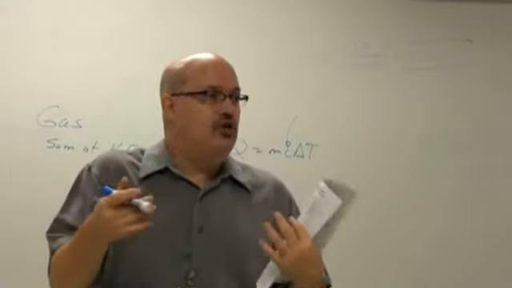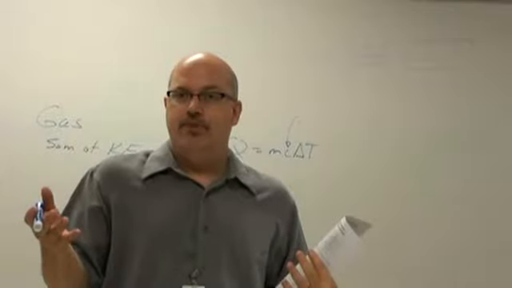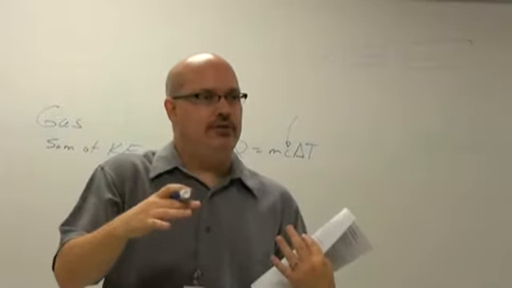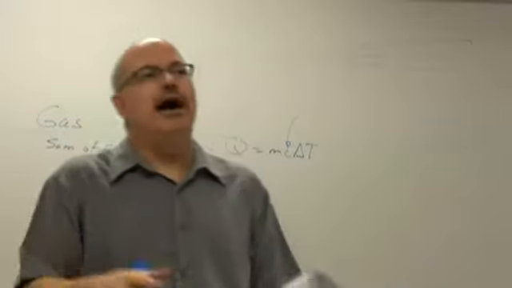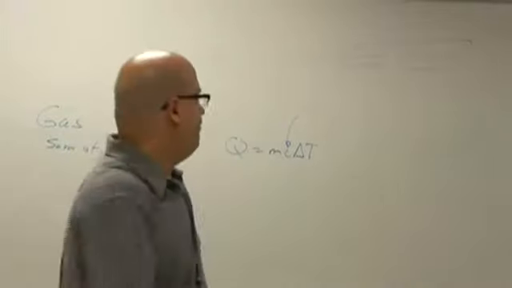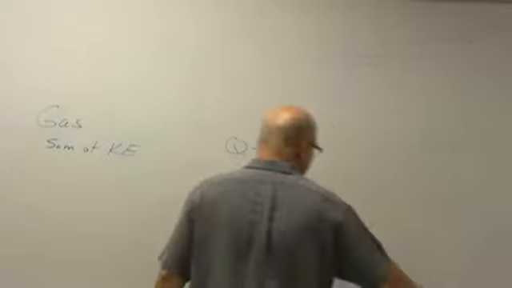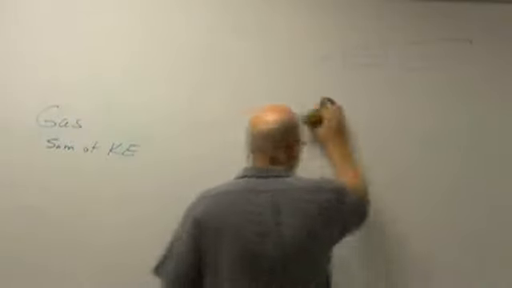Like water has a huge specific heat, right? So it has a lot of energy stored in it for its temperature, whereas a gas does not in general. All right, so that's temperature. Temperature only measures average kinetic energy.